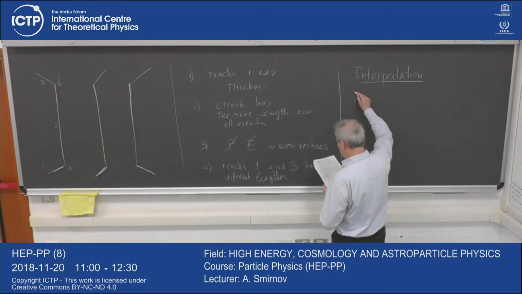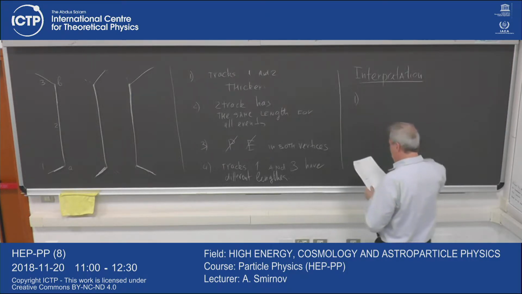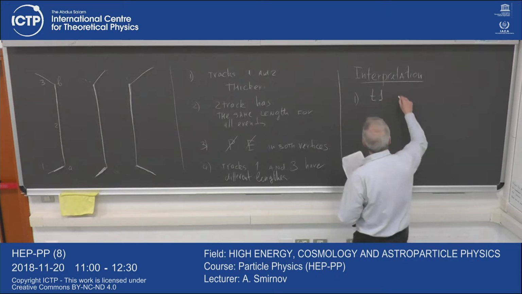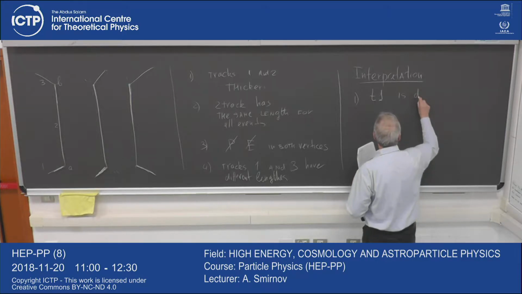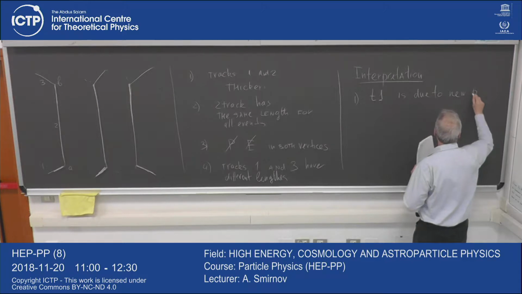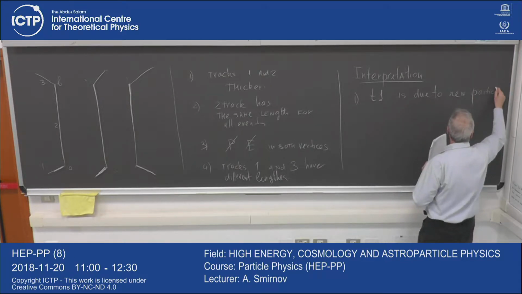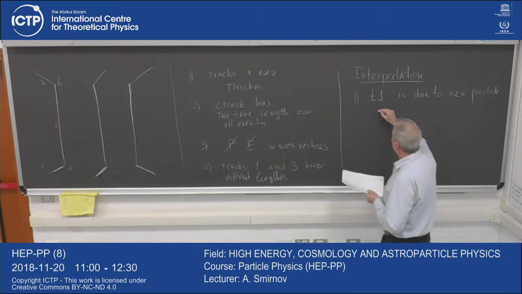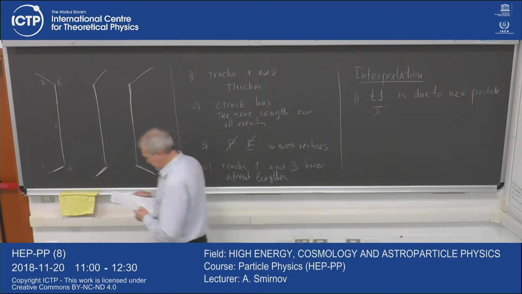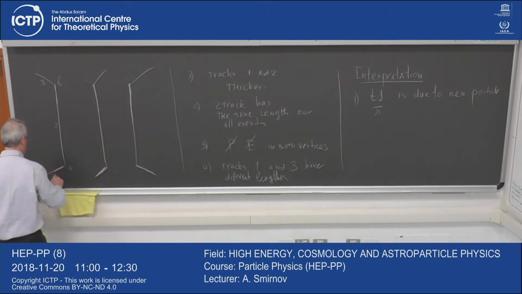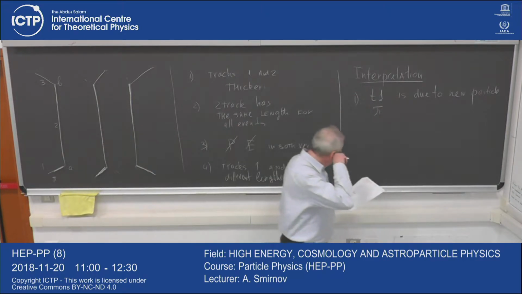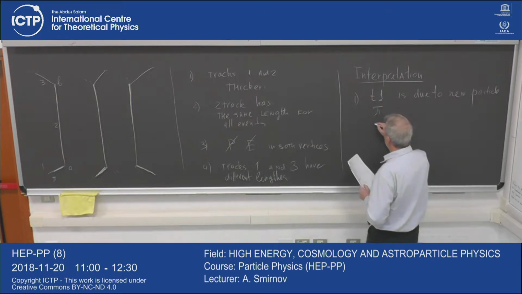So the first track, track one, is due to a new particle, which was eventually identified as pi. So this particle loses energy on ionization.